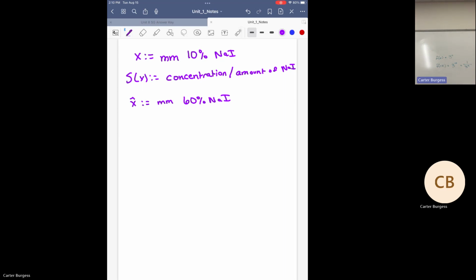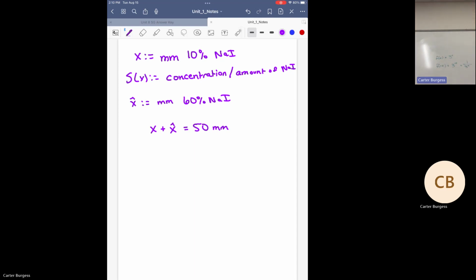What does my total solution volume need to add up to? It needs to be a 50 milliliter solution. In other words, when I take my 10% and add it with my 60%, I should end up with 50 milliliters worth of solution.